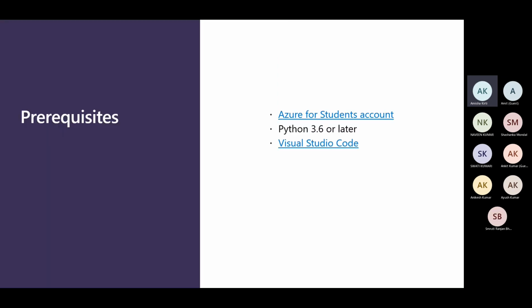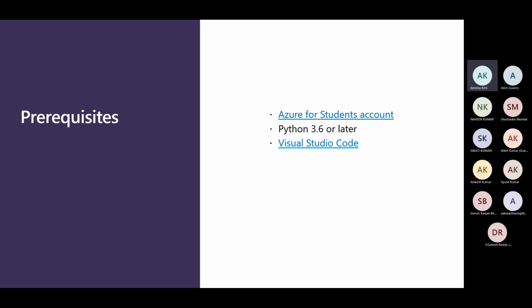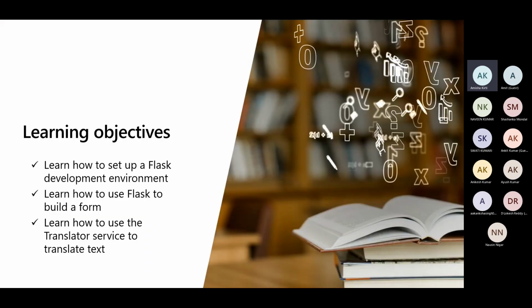You must have the Azure Students account, Python installed in your system, and Visual Studio Code. Even if you don't have the Azure account at the moment, in this session you can make out with mine, but for later you must have an Azure Students account.